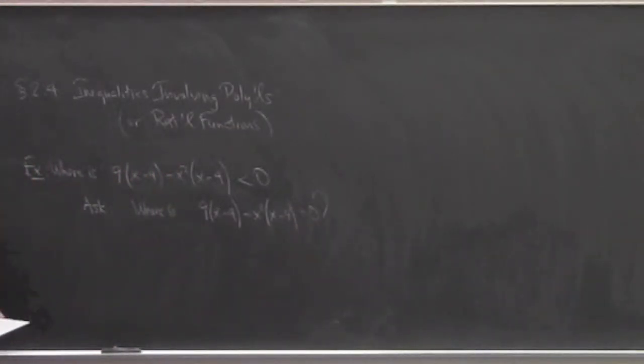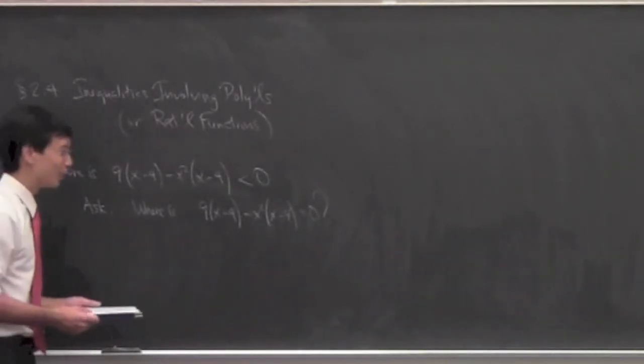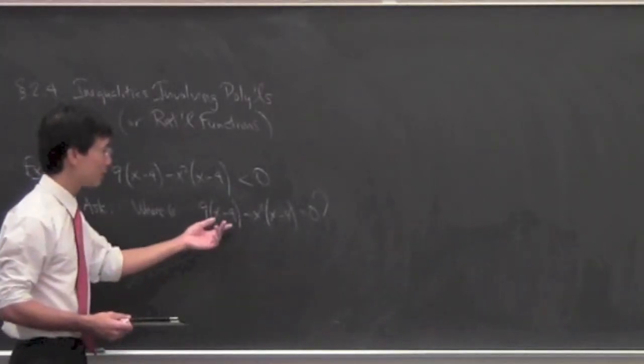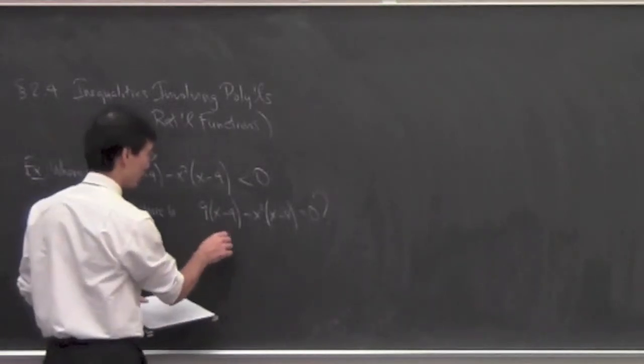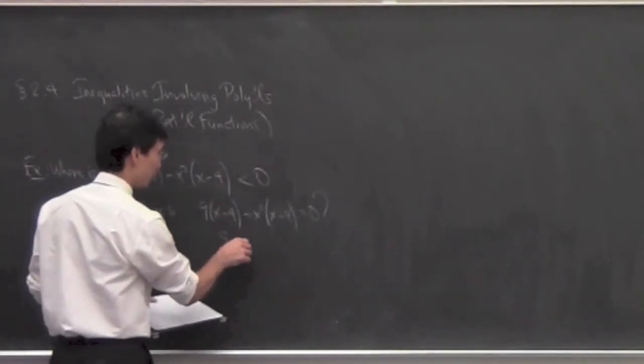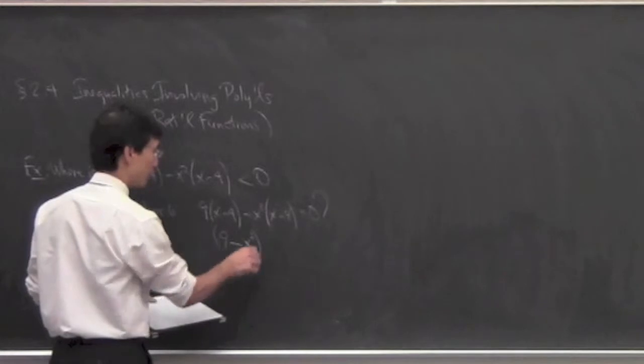Can anyone tell me just by looking at it right now where the zeros are? Lauren. x equals 4 and x equals negative 3, and positive 3. Great. Very good. So x equals 4. Maybe in your head, factor it out: distribute it out to 9 minus x squared.